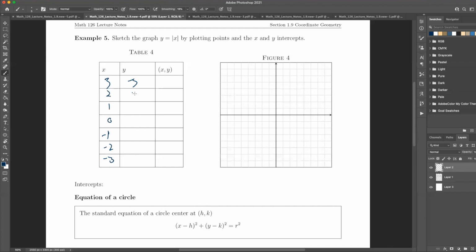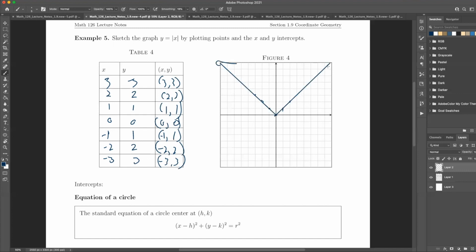Well, the absolute value of 3 is 3, 2 is 2, 1 is 1, 0 is 0, the absolute value of -1 is 1, then 2, and 3. So if I plug those points in, they'd look like this. And then if I graph it, there we go. It just looks like a V.